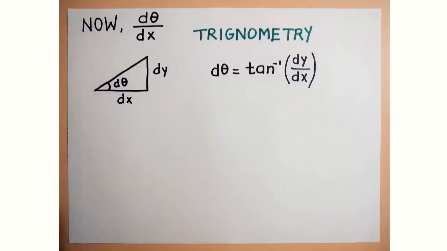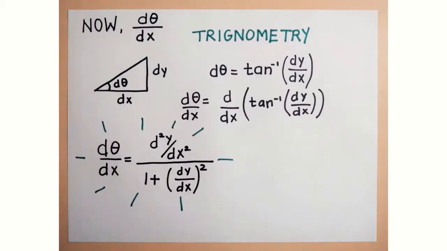Now let's find out d theta by dx. The same right angle triangle and a bit of trigonometry will help us get the value of d theta by dx. Now, here differentiating d theta and using the chain rule, we get this value for d theta by dx.